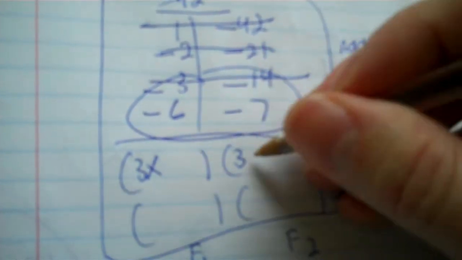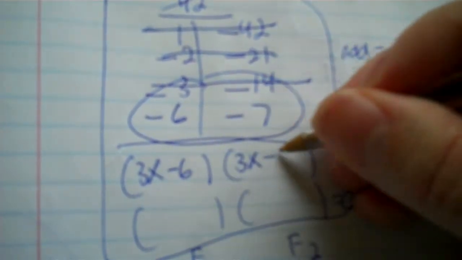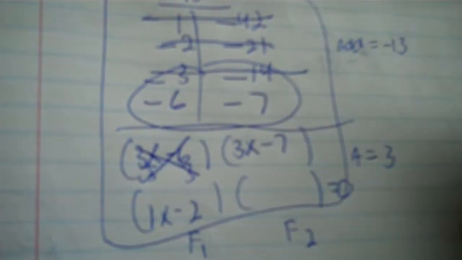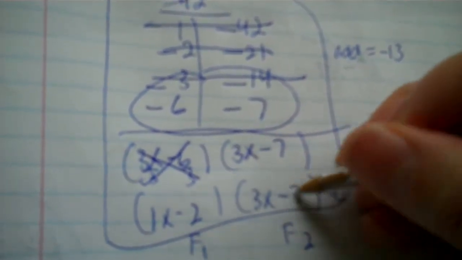And this is just a stepping stone to get down here. So I start with 3x, minus 6x, minus 7x. Now we can divide those. Those are both in the third row. So I divide by 3, and that's 1x minus 2. Those are both in the first row. So that'll stay 3x minus 7. And now I have my correct 2 factors.